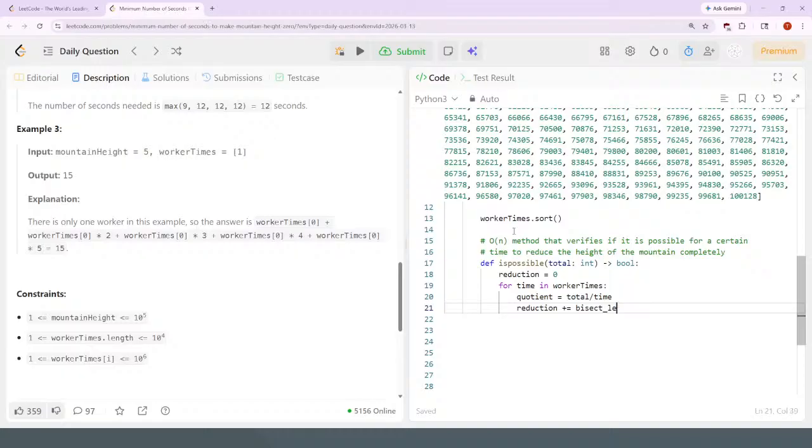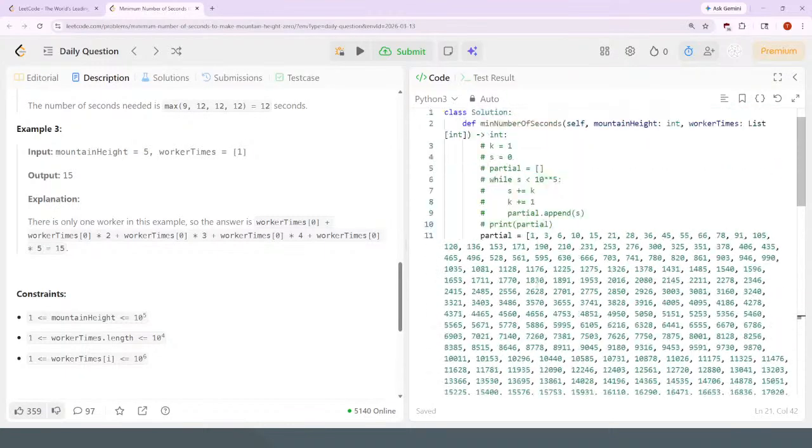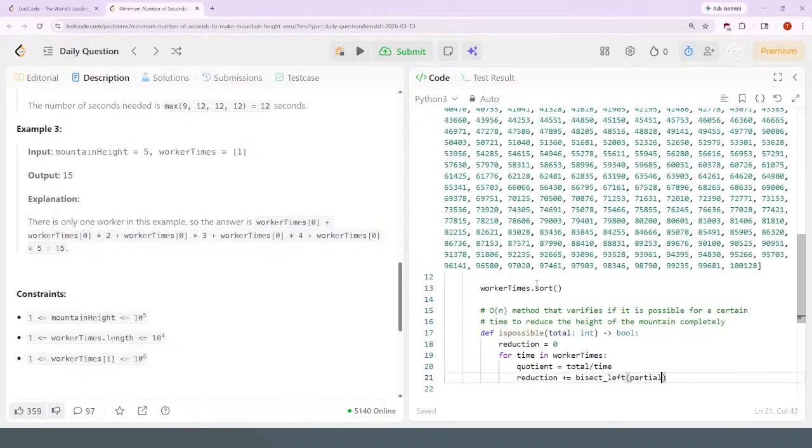All right, well, let's see how this goes. Bisect left of the array first, I think. So the array is partial, and then the value, which is the quotient.